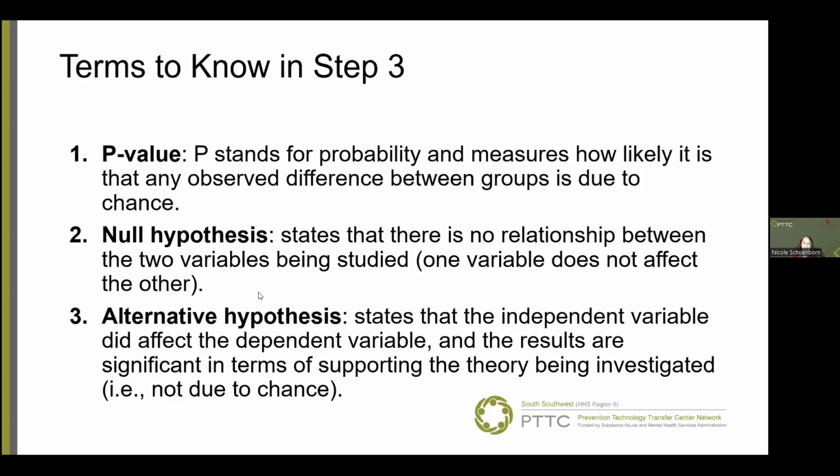On the other side of that, we have what's called our alternative hypothesis, and that is where our independent variable, which is the variable we're manipulating. In our case, let's say we're looking at the different formats of an intervention. So that's our independent variable, which is training format. Did that affect our scores, which is our dependent variable?